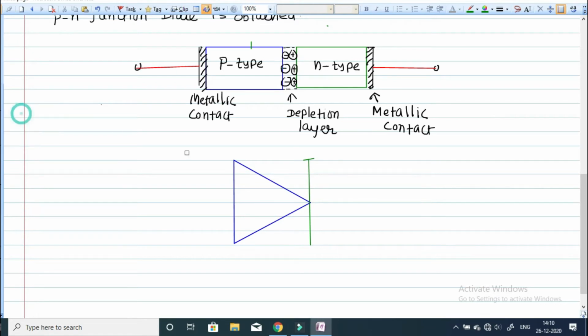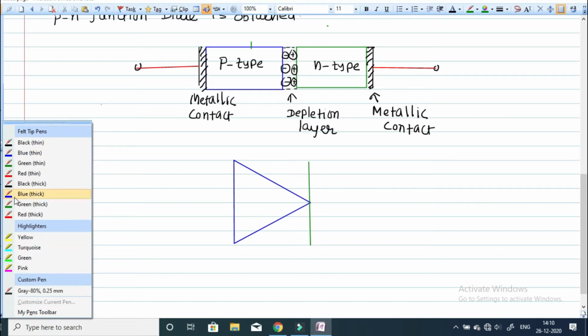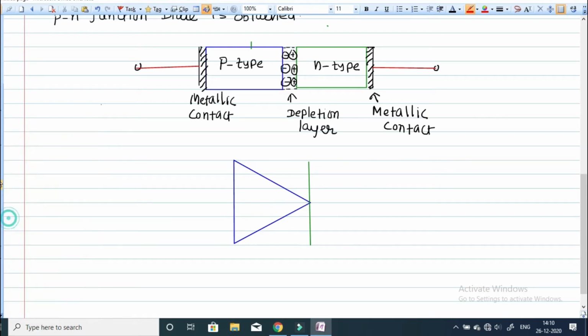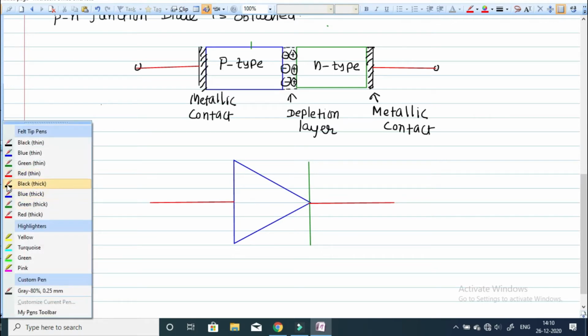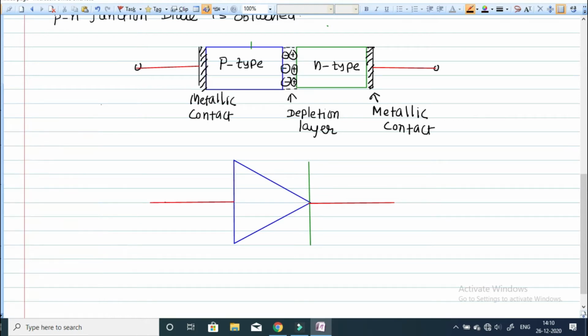And two connections are taken out, one from p-type, another from n-type. So this is the symbol of the PN junction diode, or simply we call it a diode. This is your anode and this is your cathode.